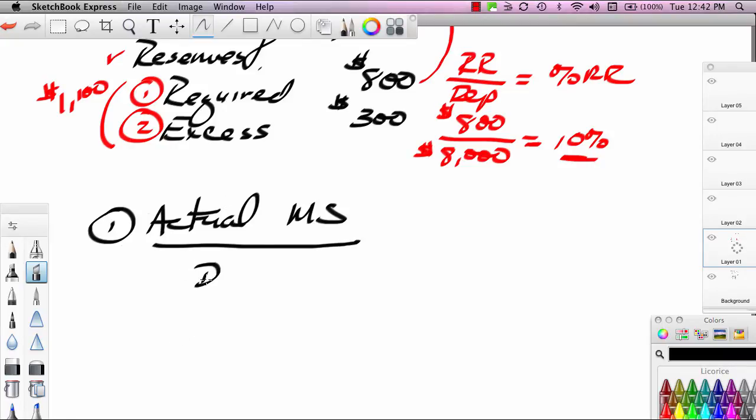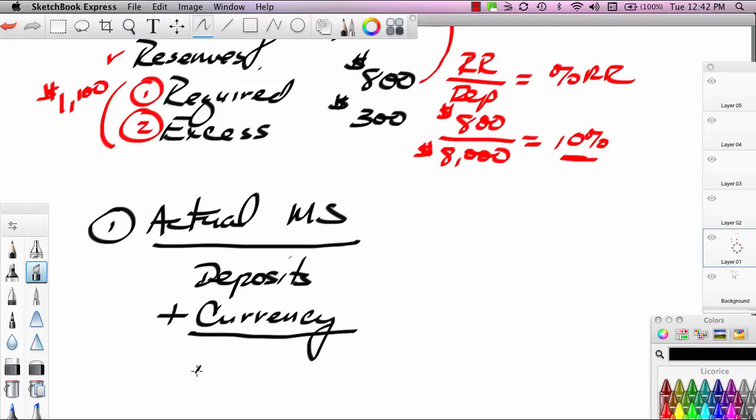If we take bank deposits and add them together with currency in circulation, we're going to get the actual money supply. So if we take 8,000, add it to the $400 in currency that is being held in circulation.